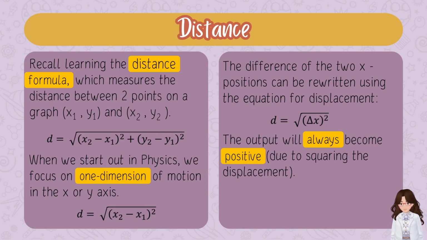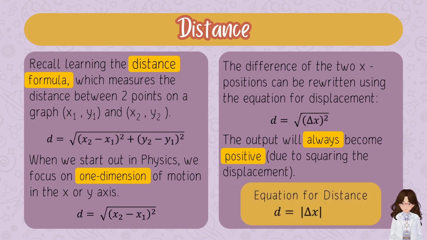So we can rewrite the fact that it's going to always produce a positive output mathematically by using another old math friend, absolute value. And so our equation for distance is directly related back to displacement, except it's the absolute value of the displacement because it doesn't take into account the positive or negative sign.